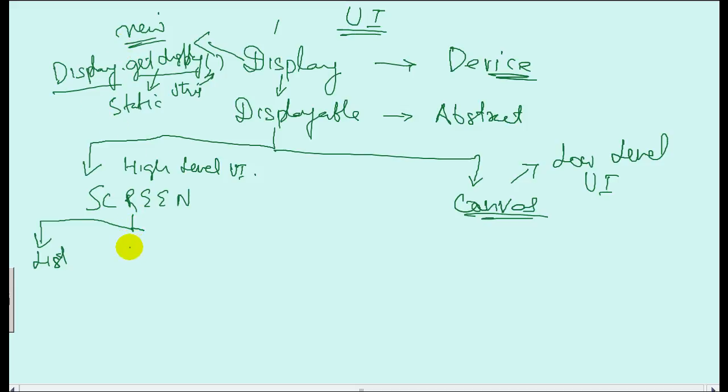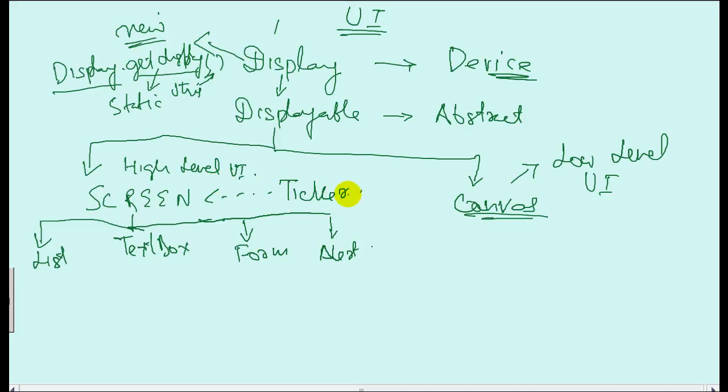So we have a list, we have a text box for example, and we may have another thing, that is our form, and we also have the alert, and we also have a ticker attached to the Screen class, right?